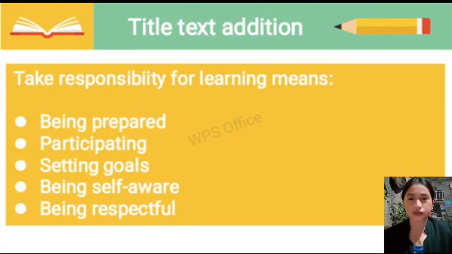Participating, actively listening, asking questions, and contributing to class discussions. Setting goals: identifying learning objectives and making plans to achieve them. Being self-aware: knowing your learning style and how you best learn. Being respectful: valuing others' ideas and working to understand them.